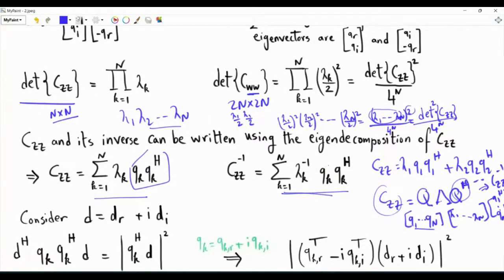And we find that we have QK Hermitian, and QK is an eigenvector associated with the eigenvalue lambda K. Now we are interested in taking this matrix and involving it in a quadratic form.